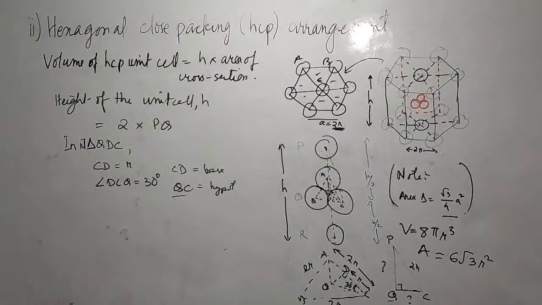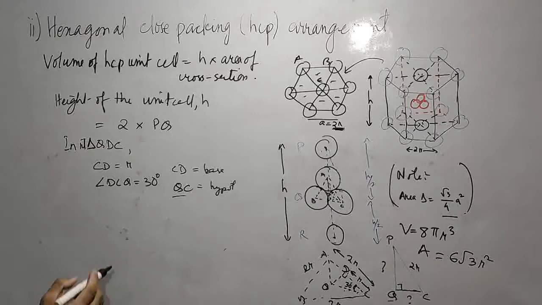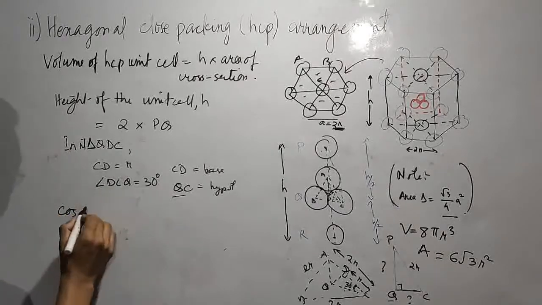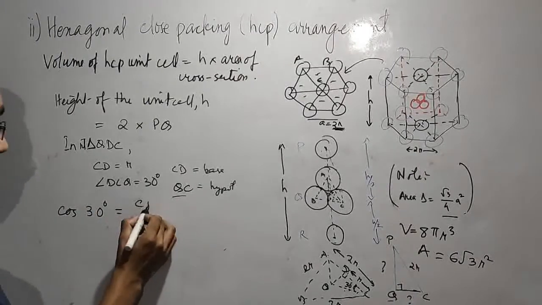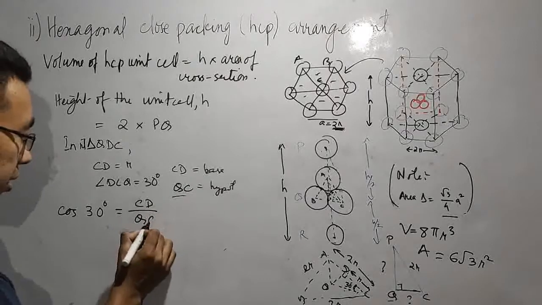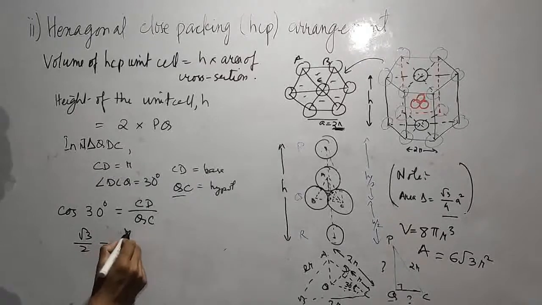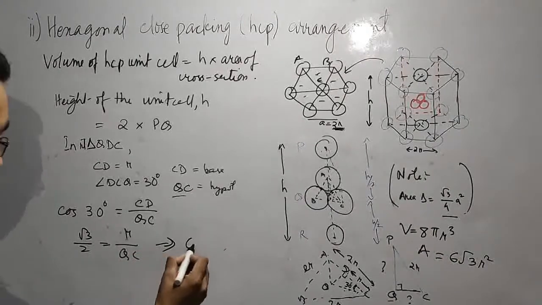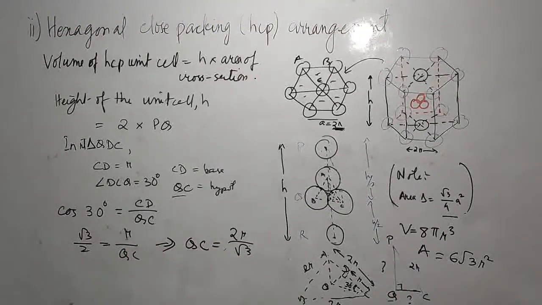Which trigonometric ratio has the relationship of base and hypotenuse? It is cos theta. Here theta is 30 degrees, so we write cos 30 degree equals base by hypotenuse. So base is CD by QC, and the cos 30 degree value is √3 by 2. We know CD is R, and QC is what we have to find. Then you just cross multiply and we get 2r by √3. So this is the value of QC.